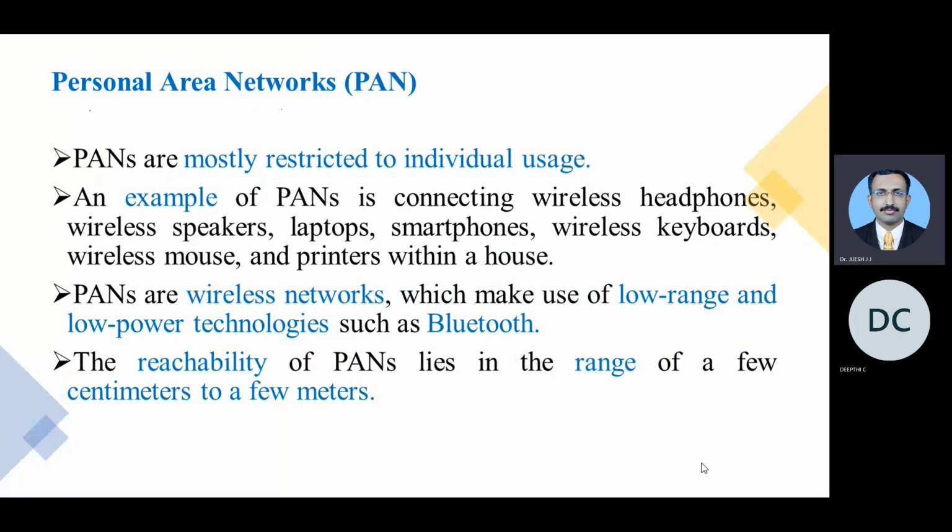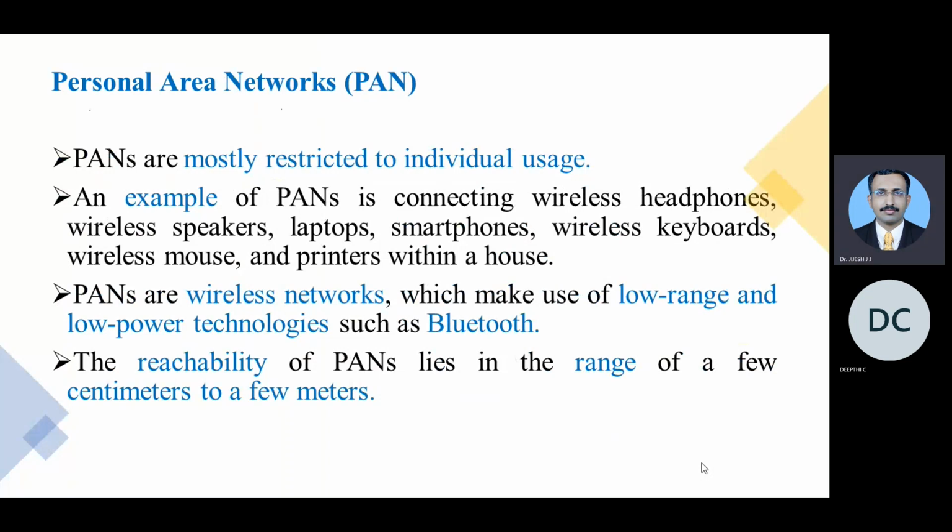So personal area networks are wireless networks which make use of low range and low power technologies such as Bluetooth. How is your wireless mouse or your headphone connected?